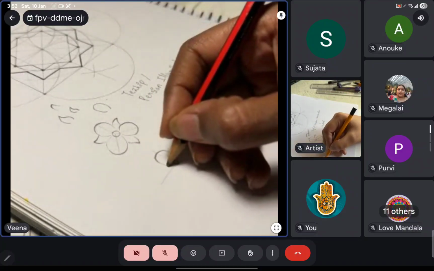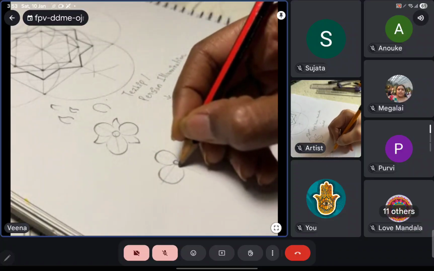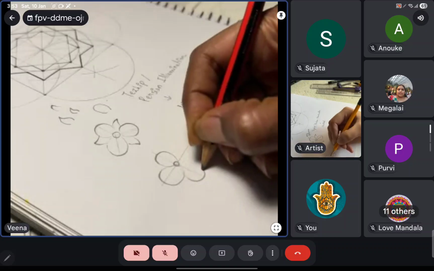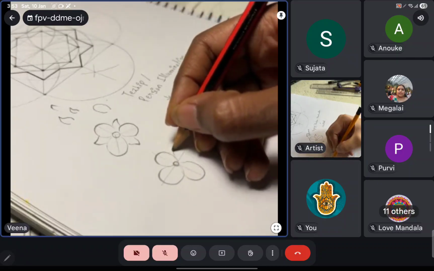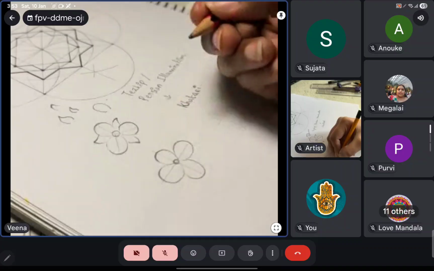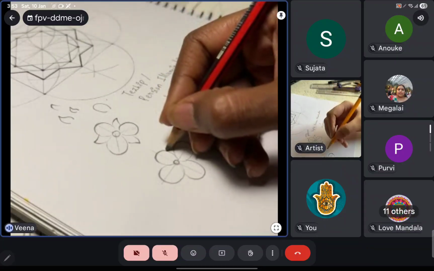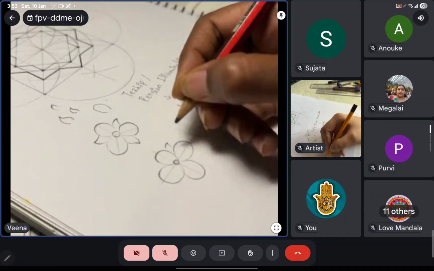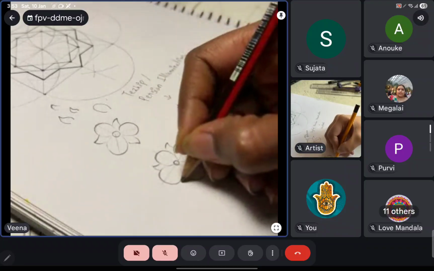One, two, three, four, and then add leaves.